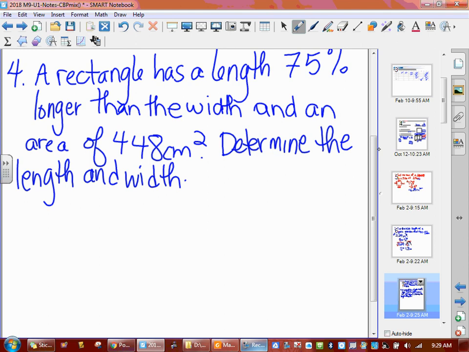Now we're going to put number 5 and 6 up there. I'm going to keep you together stacked up grade 11 stuff.